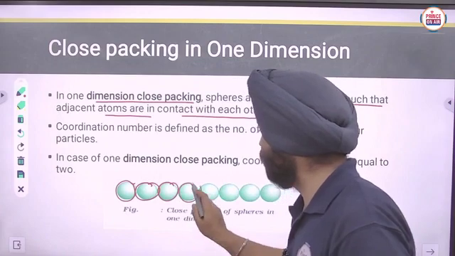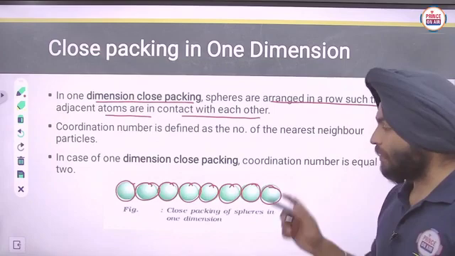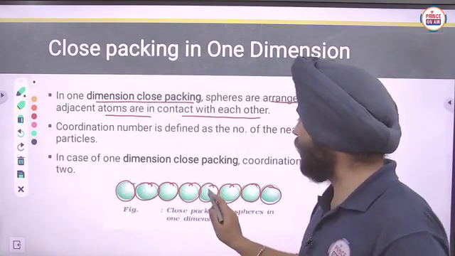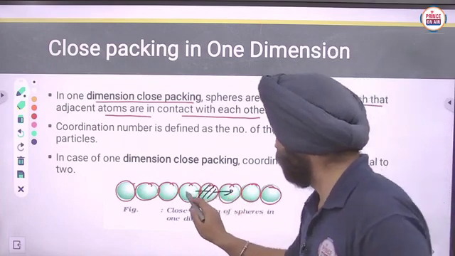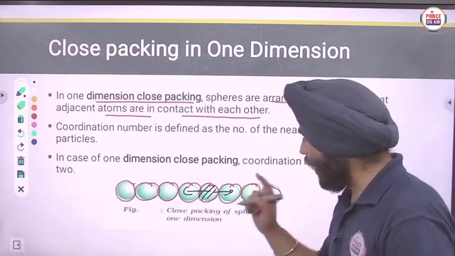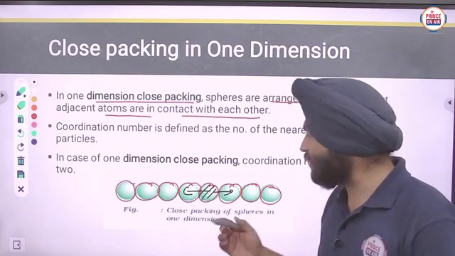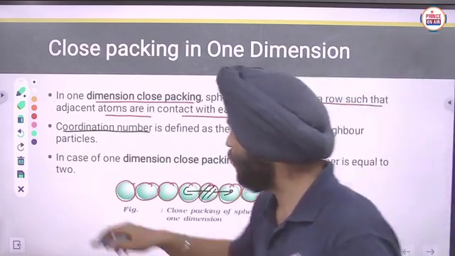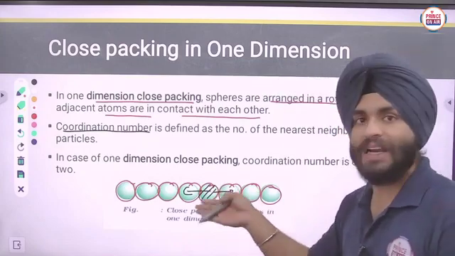If you look at any particular atom, it will touch two nearby or neighboring atoms. The number of neighboring atoms that a given atom touches is known as the coordination number of that element or atom.